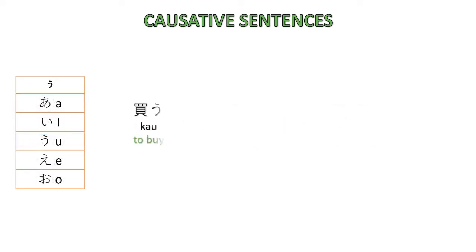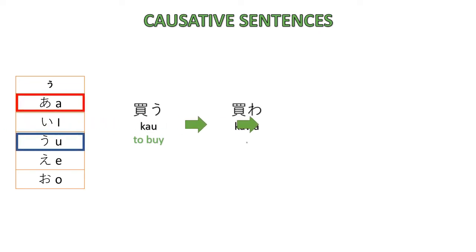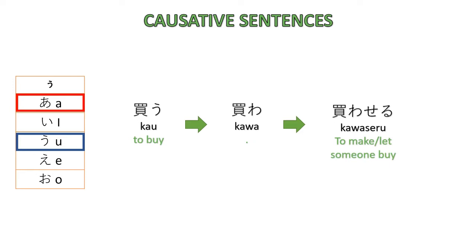Verbs ending in u, like kau. Kau becomes kawa, okay? Instead of ka, kawa. Remember that. So kawaseru, to make or let someone buy.